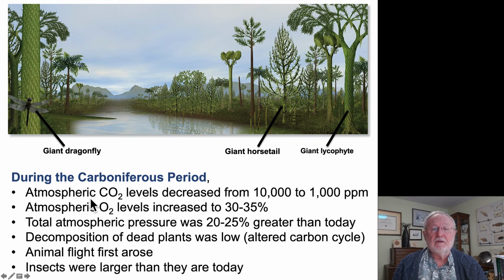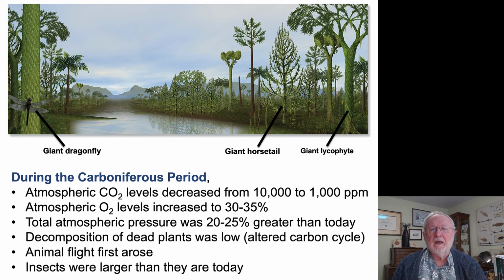Carbon dioxide levels decreased. Oxygen levels increased. Total atmospheric pressure, as I mentioned, was higher than it is today. But the decomposition of these materials was low. The carbon cycle was altered from the cycle we first saw 2 lectures ago.